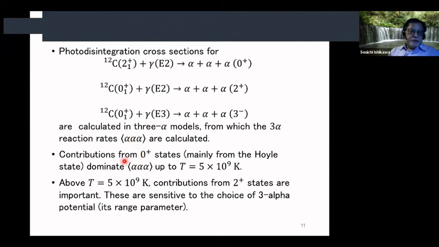The contribution from 0 plus states dominates at lower temperatures, but as temperature increases, the contribution from 2 plus states is very large, and much larger model dependence also appears. Okay, that's all. Thank you very much for your attention.